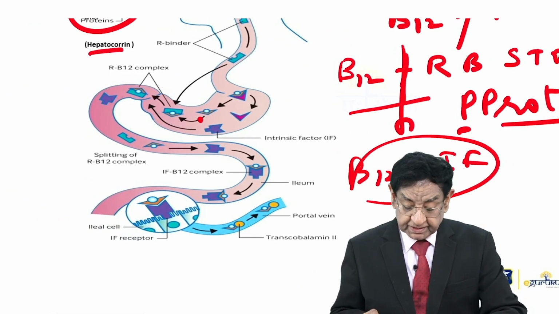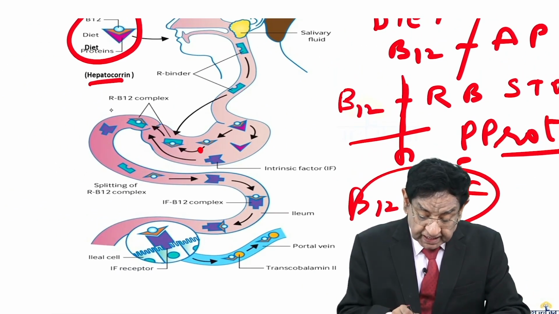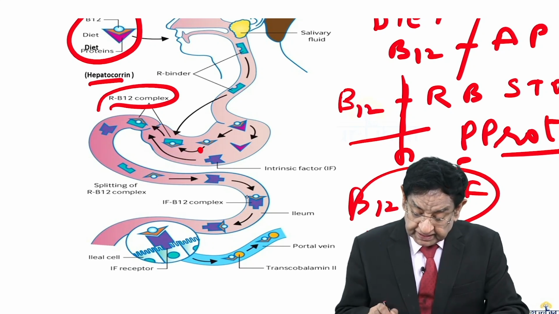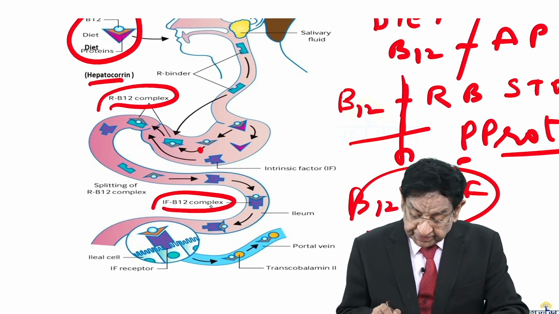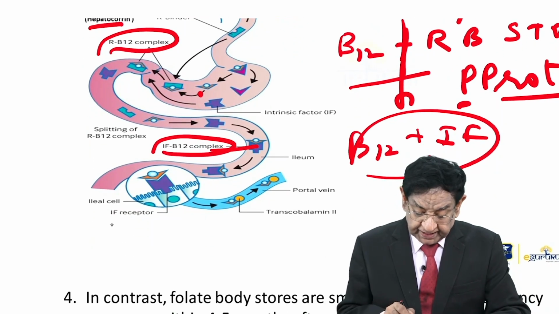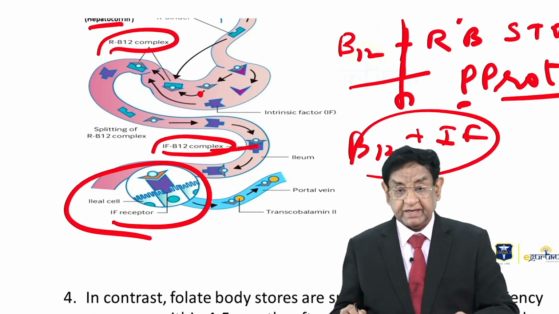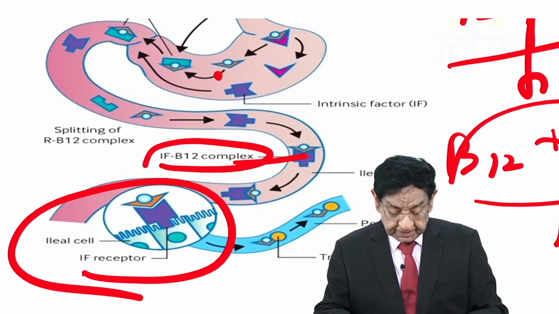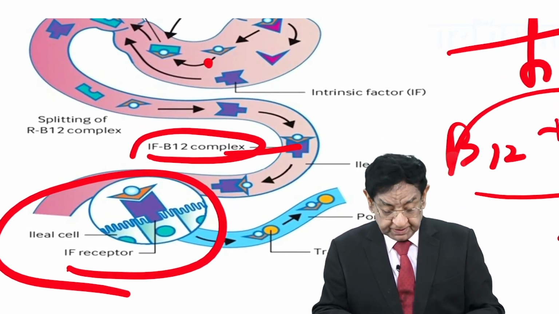Okay, this is basic. You can see the R binder in the stomach, and now it binds to intrinsic factor in the duodenum, and finally in the ileum there are receptors for intrinsic factor.